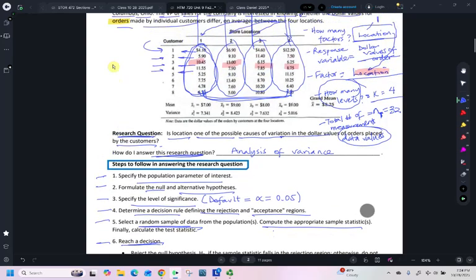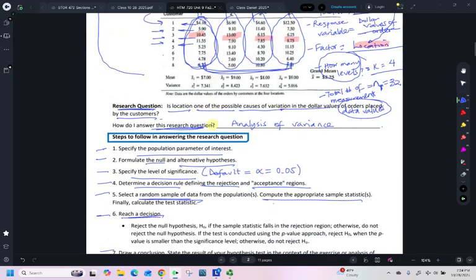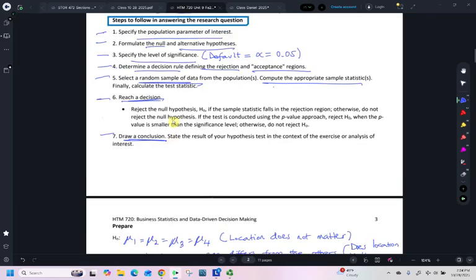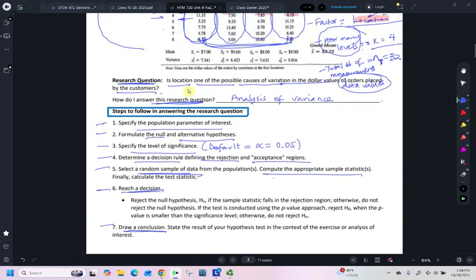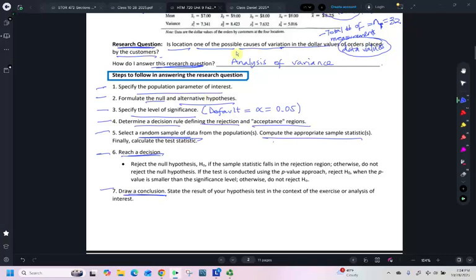So, still looking at this question and considering the data set, our interest is to take this data set and to follow the sequence of steps outlined here in order to answer the research question. And to answer the research question, our interest is to see if location is one of the what? Possible causes of variation.